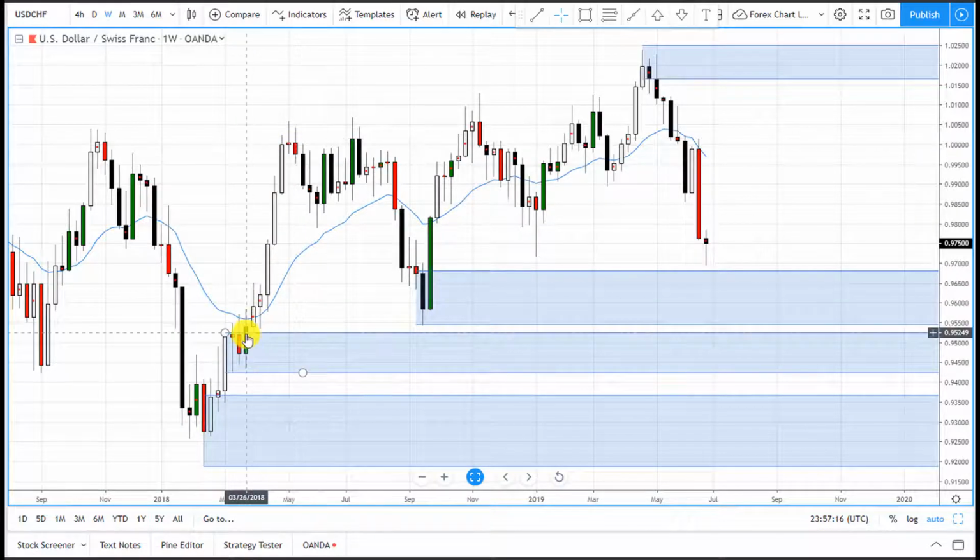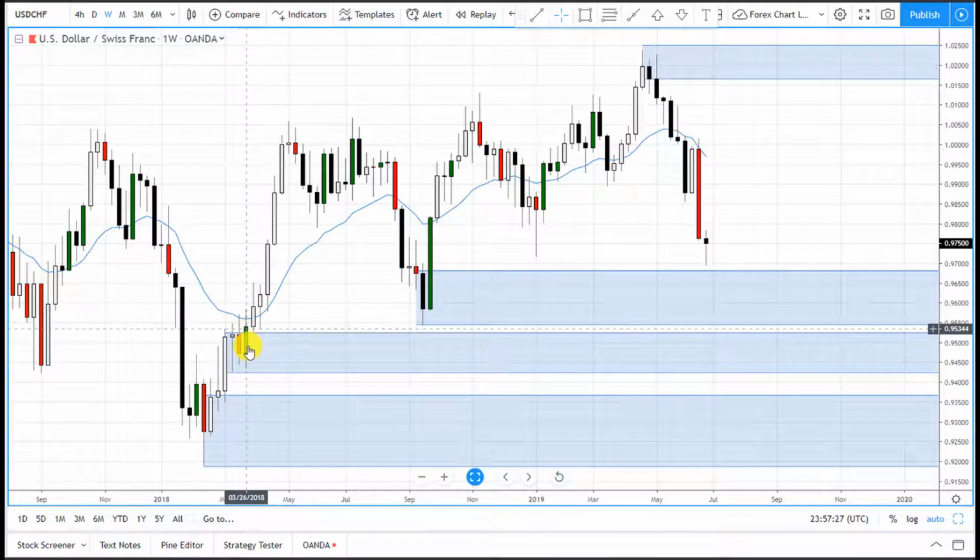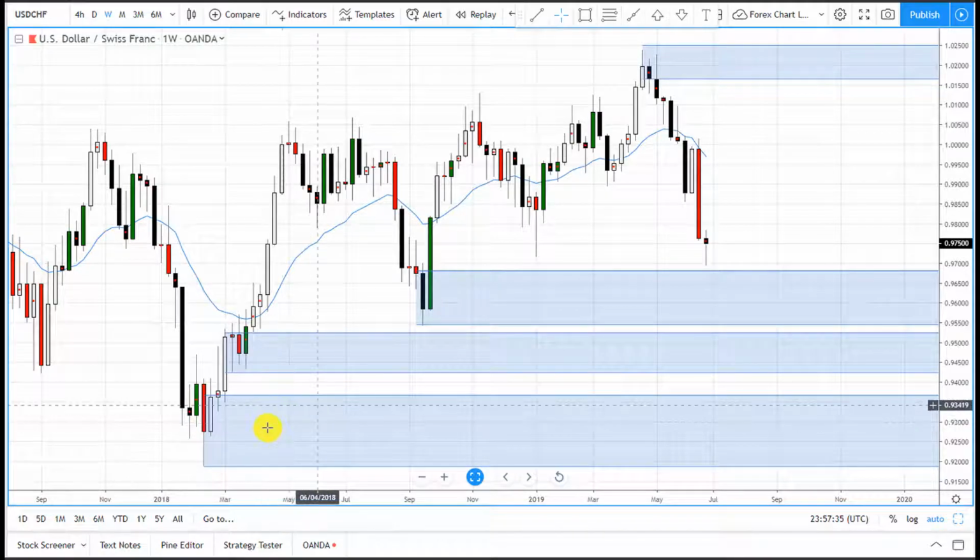This rally is pretty strong, but it's weaker since it lost its opportunity to go long, or it did not retrace to this zone. It's not as strong anymore. These buy orders could be gone, or it could be fewer buy orders, and the stronger buy orders are down here.